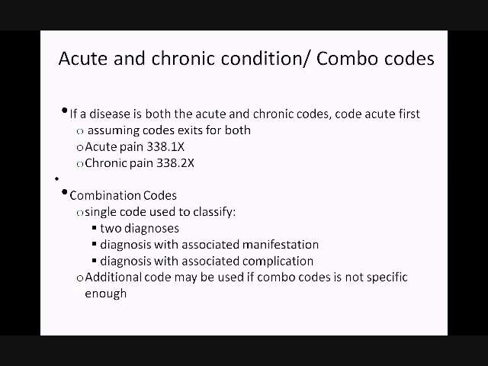Now, there are certain codes in the book that are what we call combination codes. That simply means that you have a code that contains both the underlying disease and its manifestation, or it can be the disease and the cause of the disease, meaning, let's say, staphylococcus caused some sort of infection. Then you will have the infection caused by staphylococcus all in one code.